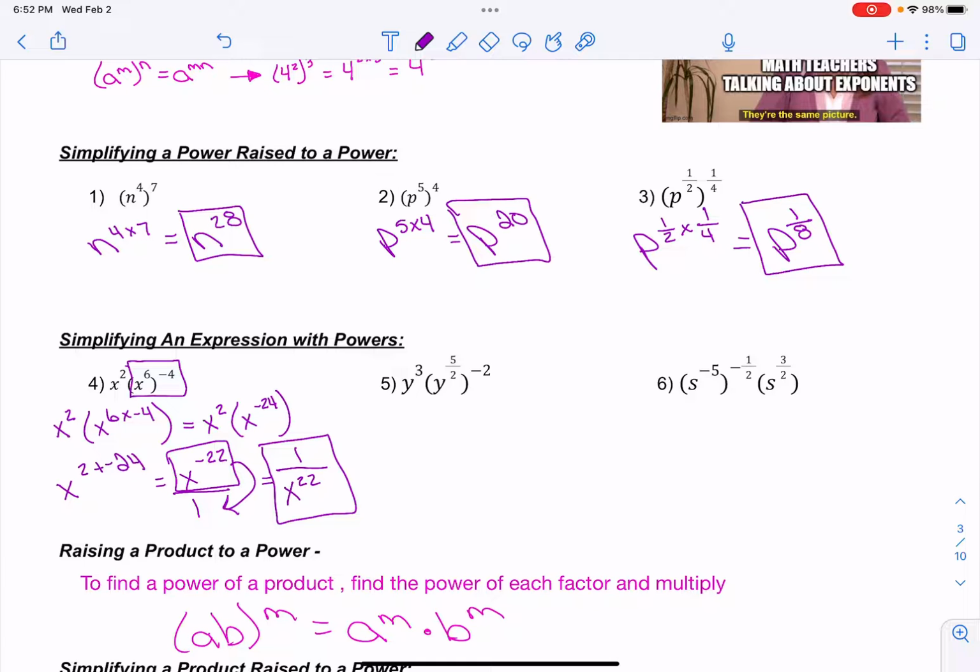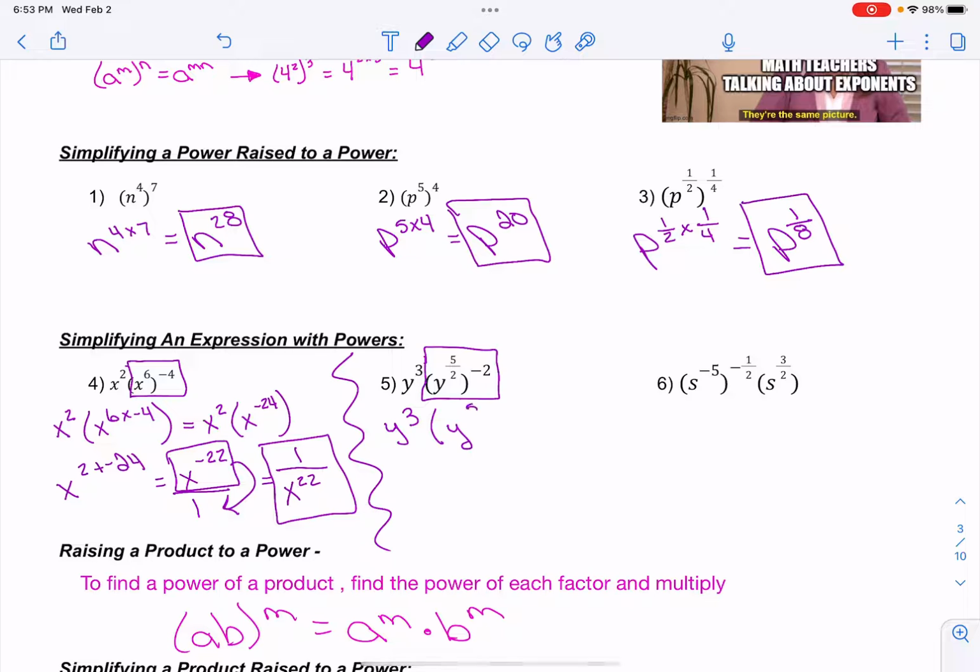In this next one, we have y to the 3rd power times y to the 5/2 raised to the -2 power. So again, that -2 power only applies to this y to the 5/2. So this y to the third, we just kind of keep out front for now.